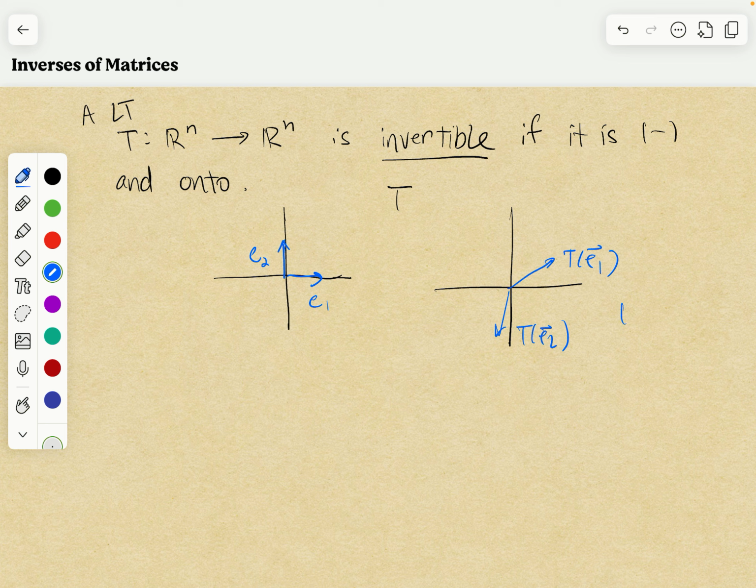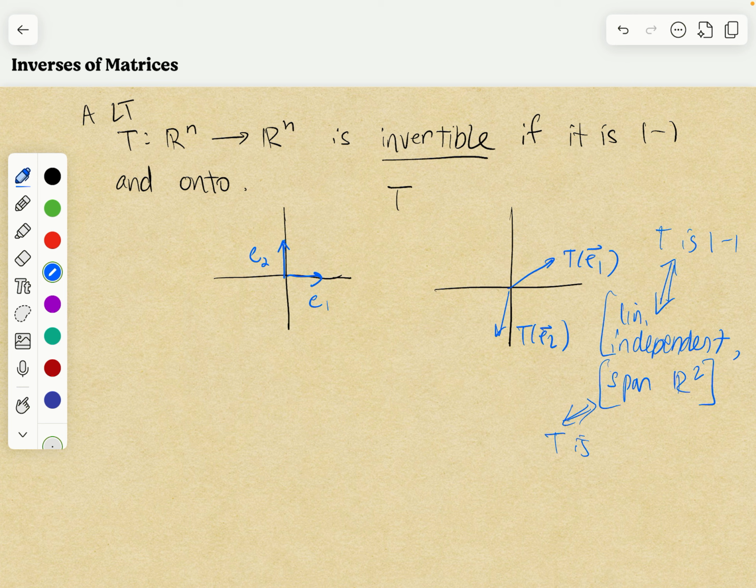The point is that these are linearly independent, and they will span R2. The linear independence guarantees that T is one-to-one. And the fact that the columns of A, which are T of E1 and T of E2, span R2 is the same as saying that T is onto.